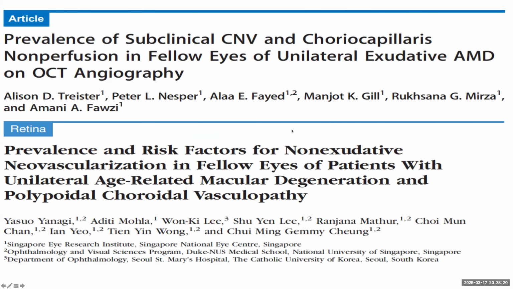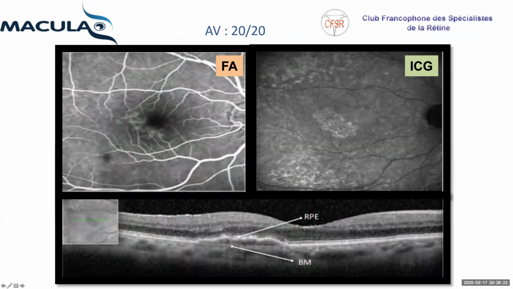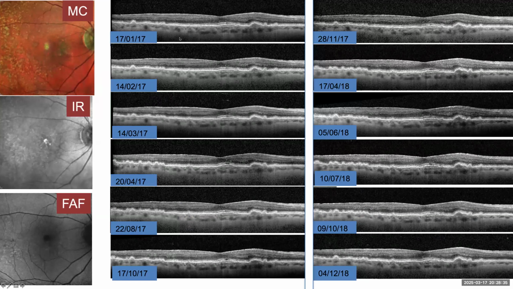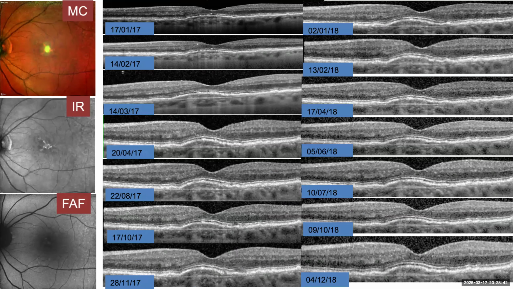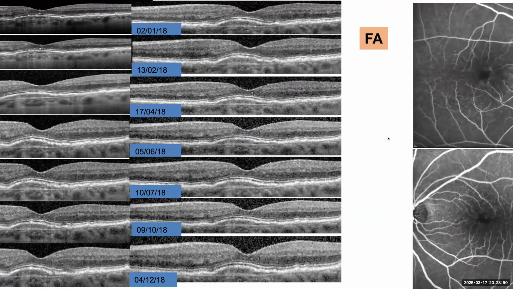There are many other groups that published about it, and it was observed with ICG, this plaque, but we can guess on the SD-OCT lesion there is something here with this small RPE elevation. These lesions are really stable in time in most of the patients. No exudative feature, so it is non-exudative CNV, what we call the quiescent CNV.